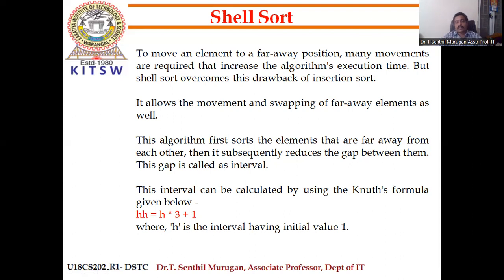Initially we take the h value as 1. If you take 1, then 1 into 3 is 3, plus 1 is 4. So that value 4 is taken, and elements 4 apart are compared: the first value of each set of 4, then the second value of each set of 4, then the third value, then the fourth value of each set.